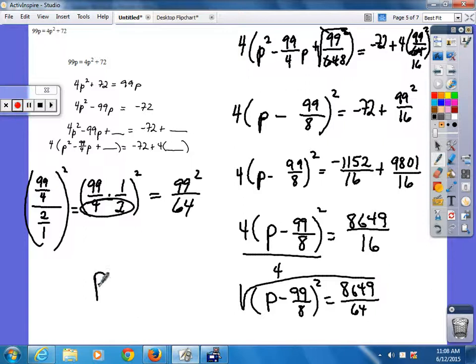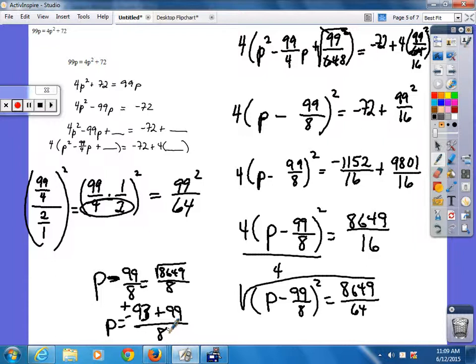That's going to give me p minus 99 over 8 is equal to the square root of 8649 over 64, so p is equal to 99 over 8 plus or minus 93 over 8. And 93 plus 99 is 192. 192 over 8 is one x-intercept.